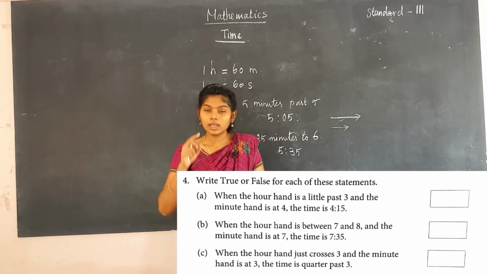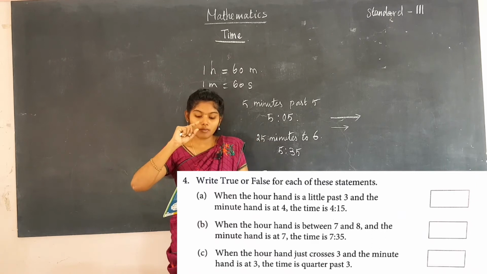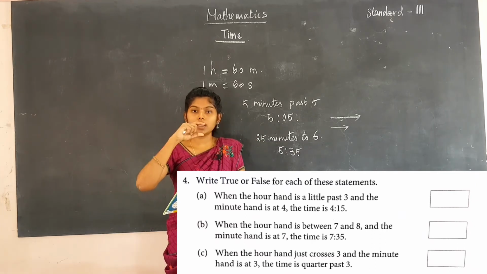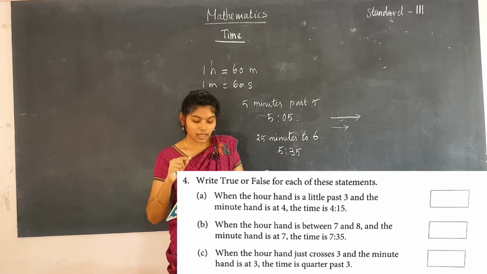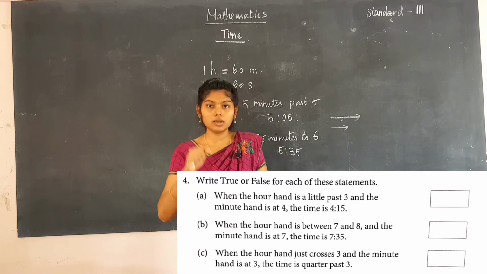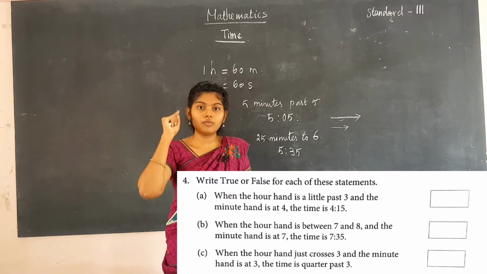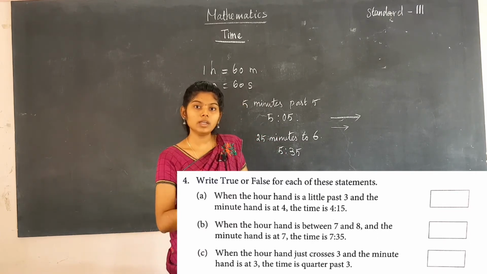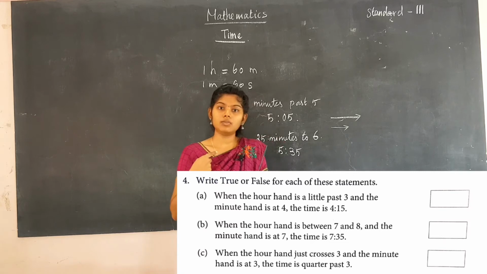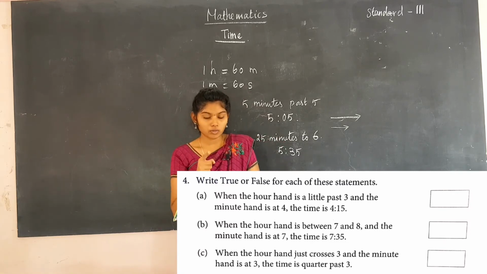First clue is the hour hand, the shortest hand, is between 7 and 8, and the minute hand is at 7. At 7 you know that 12 means 0, 1 means 5 minutes, and at 7 it's 35 minutes. So you check that. Hour 7 and the minutes 35. It is given as 7:35. Whether it is true or false, you are going to find.